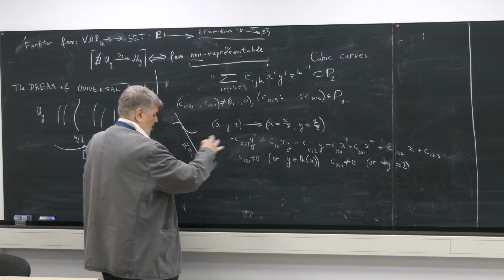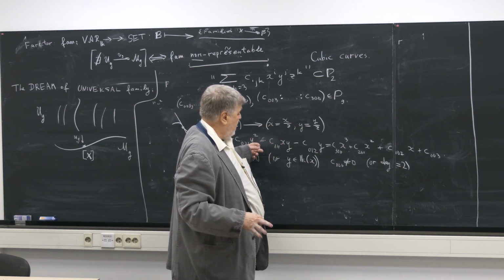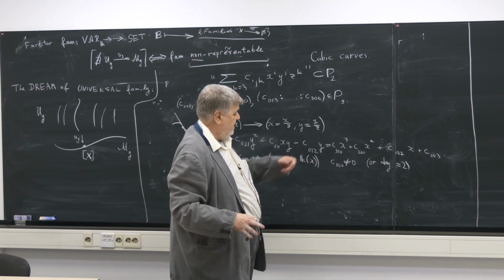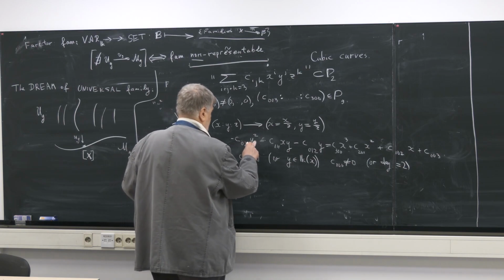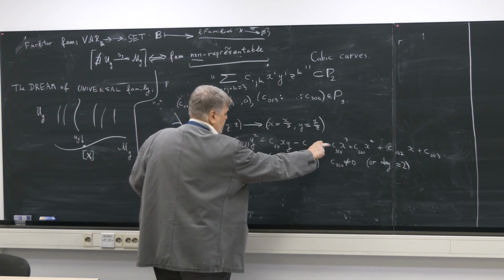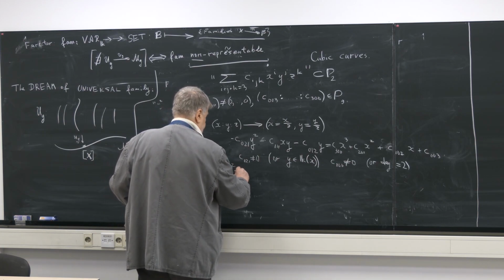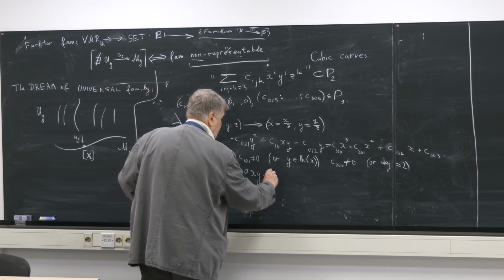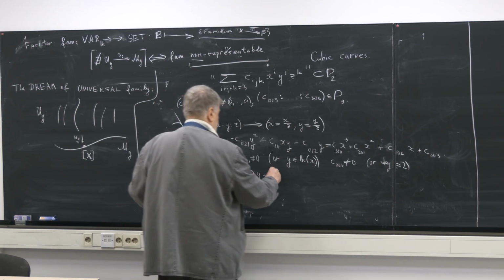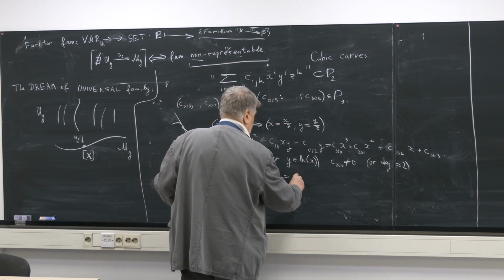Therefore, up to the scale transformations of x and y, we can consider this one as 1, this one also as 1, and have the equation in some form: axy plus by. There should be 5 coefficients.